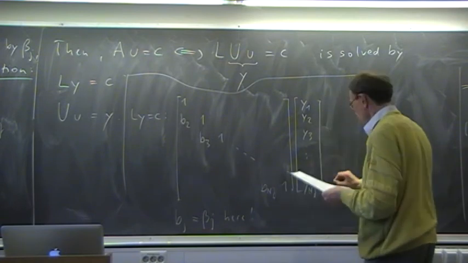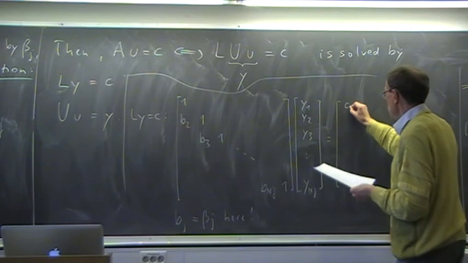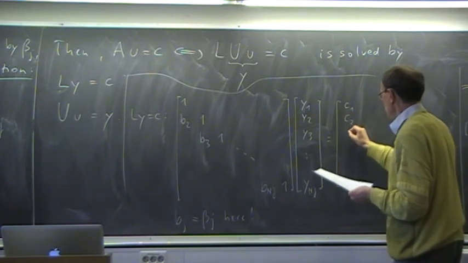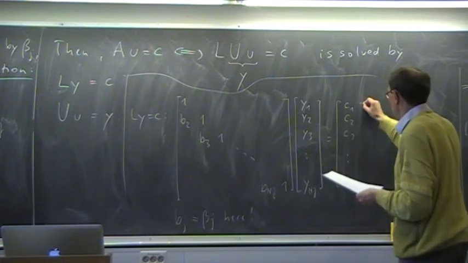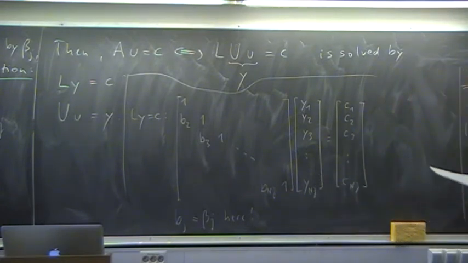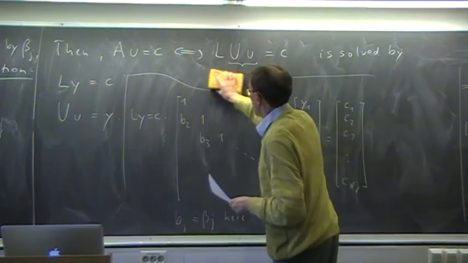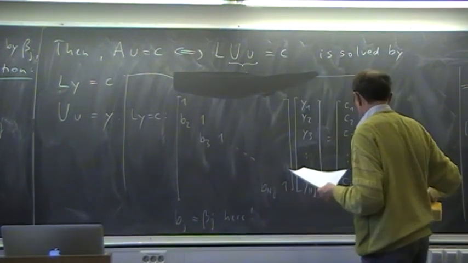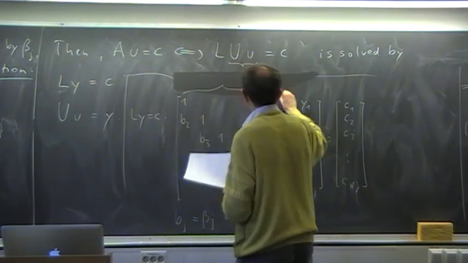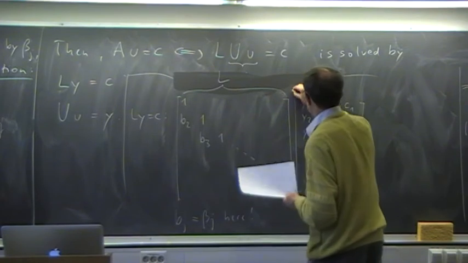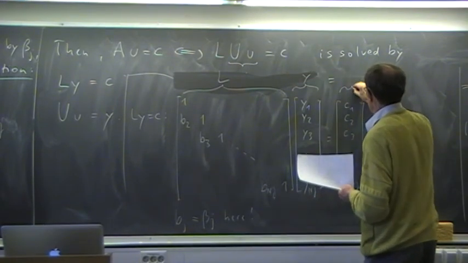So it's an nj vector that we have to determine, and C, that is our given right-hand side that we had from the very beginning. So that is then our problem to solve. That is our L matrix, and that is our Y, and that is our right-hand side.